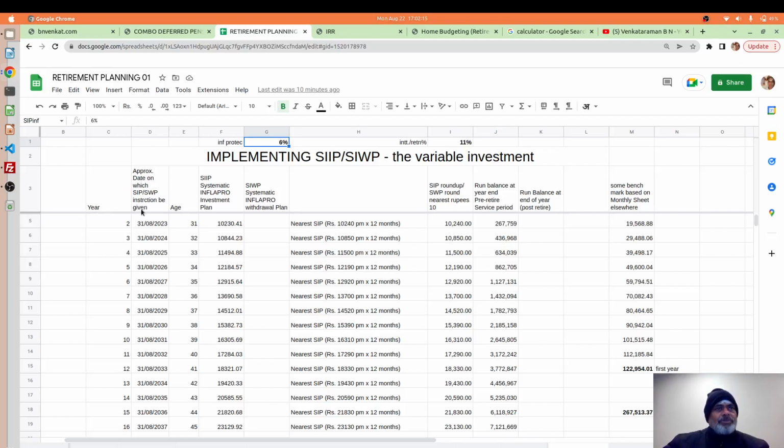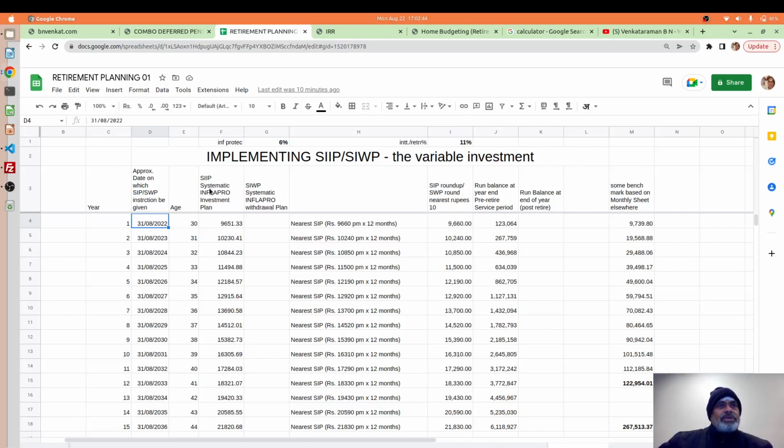Then the approximate date on which the SIP, SWP instruction is to be given. I have just taken some figure. First year, let us say the current year we are going to invest, and let the age of the investor be 30 completed.